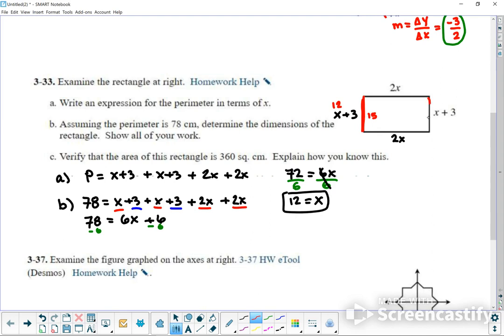That means that this side is 15 also. And this side, you're going to put 12 right here, so 2 times 12 is 24, and this side is also 24. So this is a 15 by 24 rectangle.